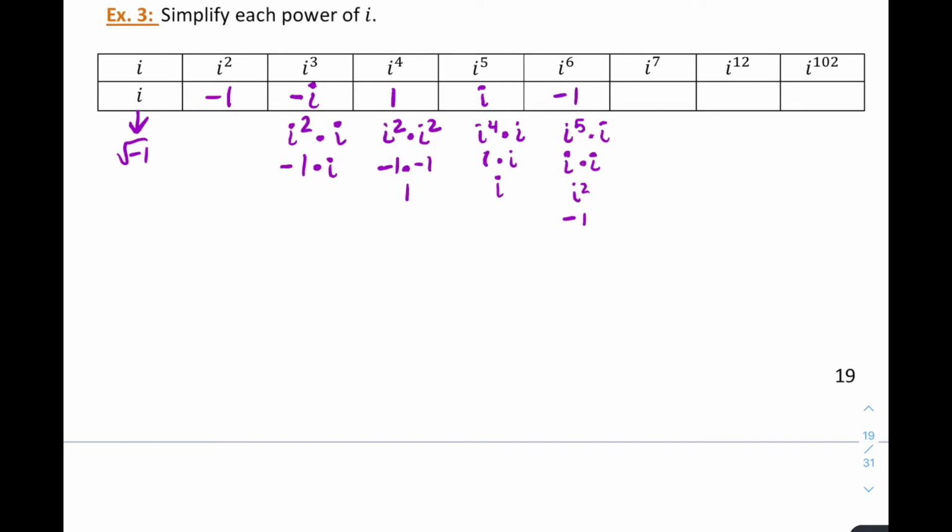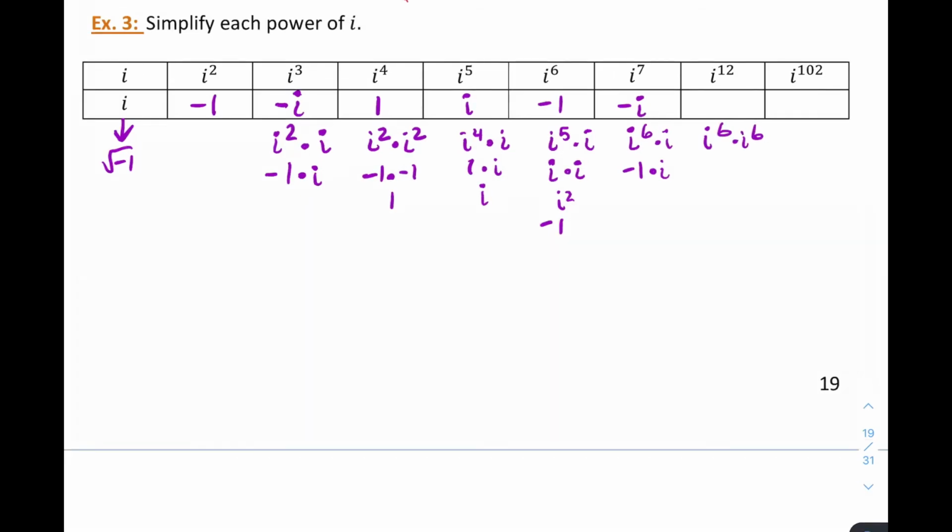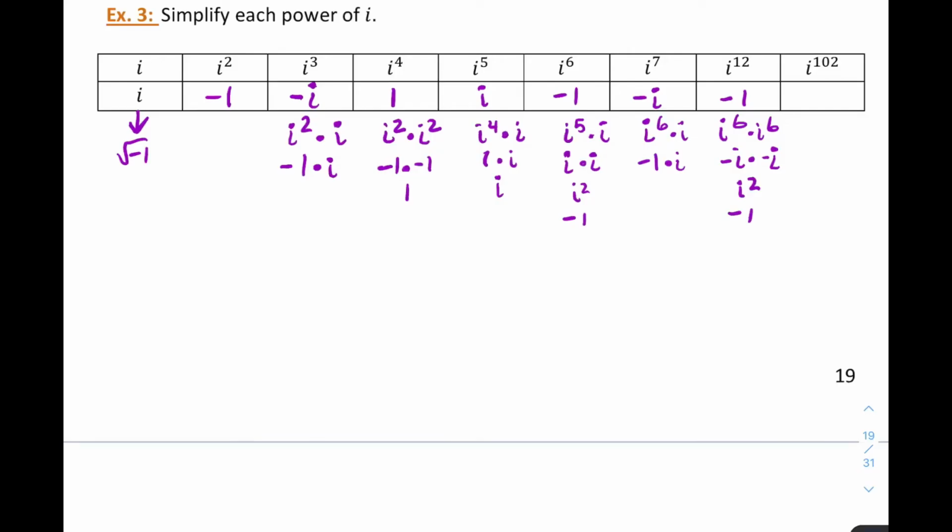And then i to the seventh, I'm going to use my previous one again. i to the sixth times another factor of i: i to the sixth was -1, times i gives me -1. i to the 12th, I'm going to use i to the sixth times i to the sixth. i to the sixth was negative, so that'll be -1 times -1 gives you +1. If you look later in this video, I have i to the 12th wrong because I had to go back and fix it. So it's +1.